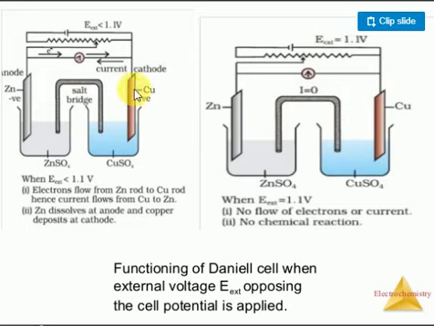Once again, if the cell potential is greater than the external one, the general chemical reaction happens, zinc loses electrons, copper gains electrons. Otherwise the reverse reaction happens.